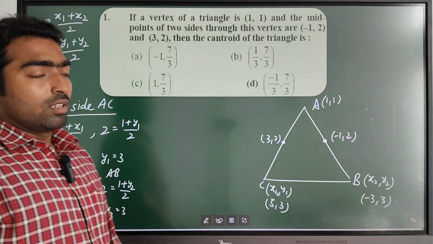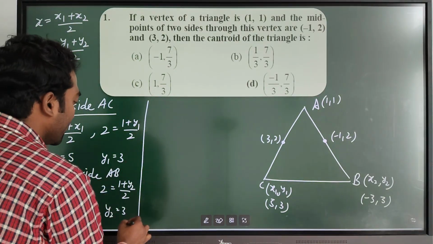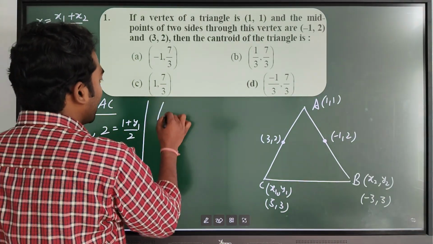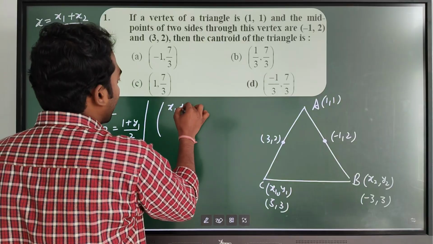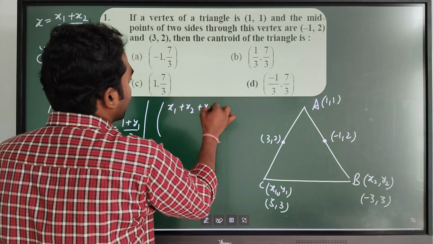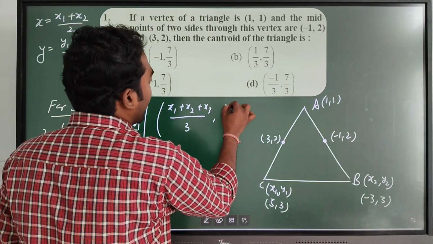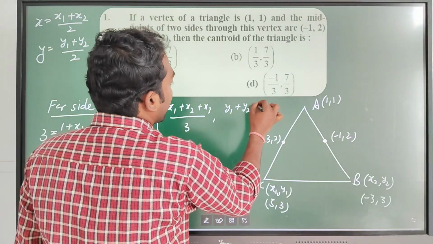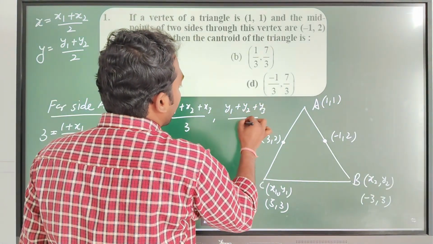Now, what is the formula for the centroid of a triangle? The centroid of a triangle is ((x1 plus x2 plus x3) divided by 3, (y1 plus y2 plus y3) divided by 3).